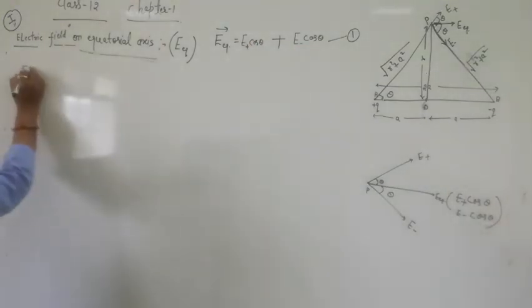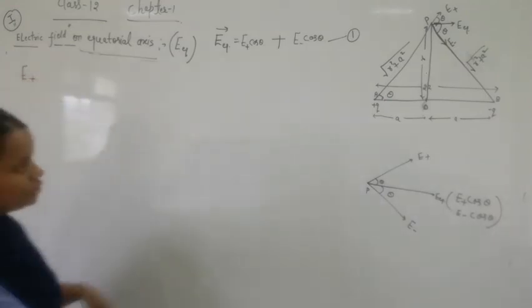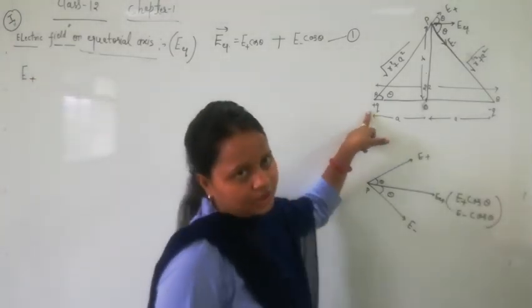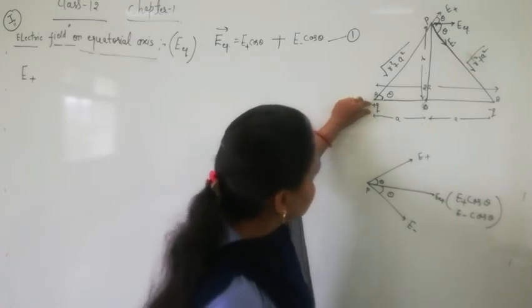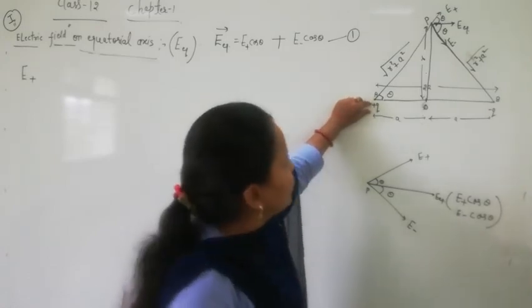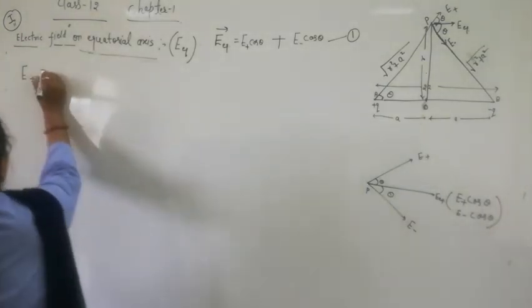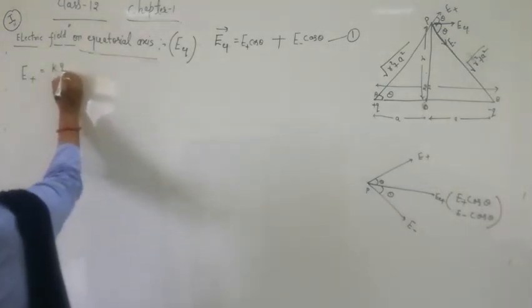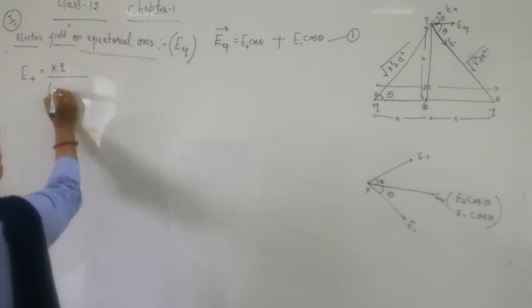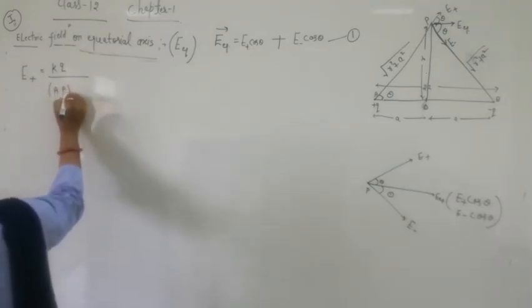From the diagram, E plus, due to the positive point charge, has an electric field at the target point of kq upon r square. Here the distance is AP square.